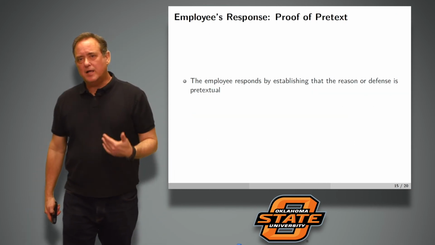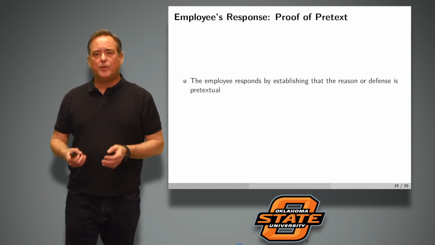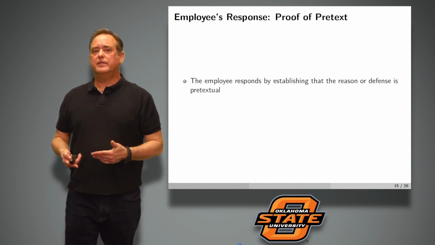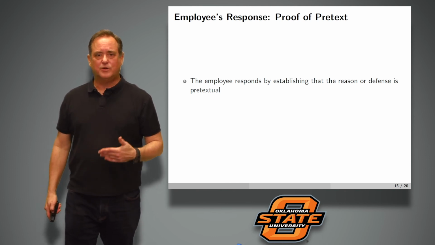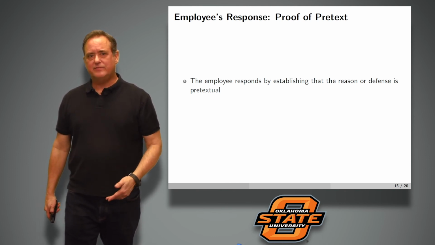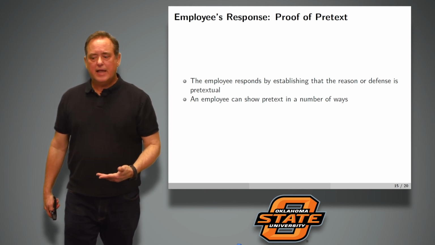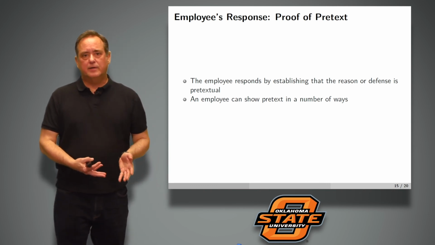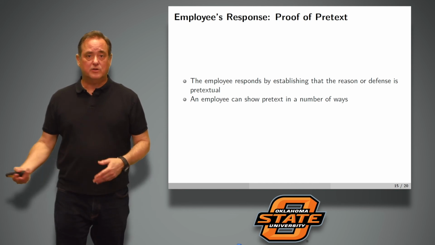The employee responds with proof of pretext. Remember, pretext is showing that the reason or defense that was offered is actually pretextual, that it was not serious, that this was not about seniority concerns or retention plans, that this in fact was about age. And you can show pretext in a number of ways, meaning you look at direct evidence, conversations or emails or letters.